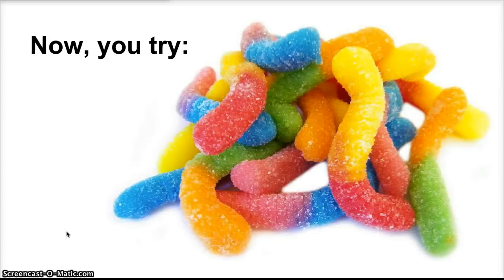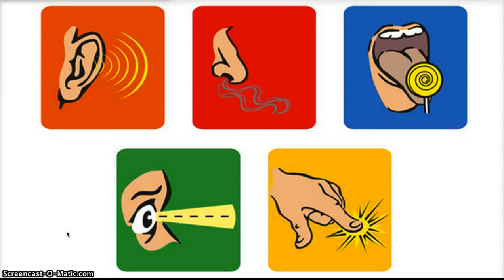So now you are going to try. Once your notes are complete, you are going to raise a hand and your green lanyard will give you a gummy worm. And you are going to study it carefully, and then you are going to record your description of that gummy worm using your five senses.